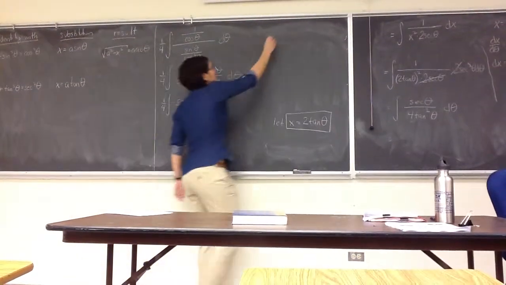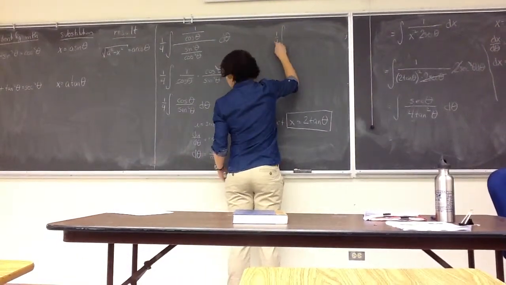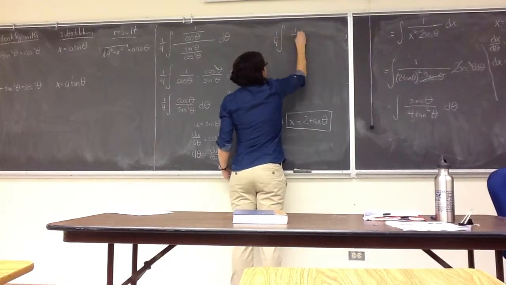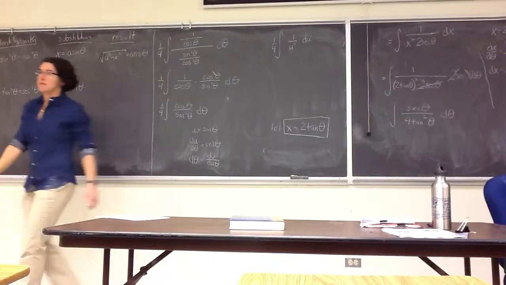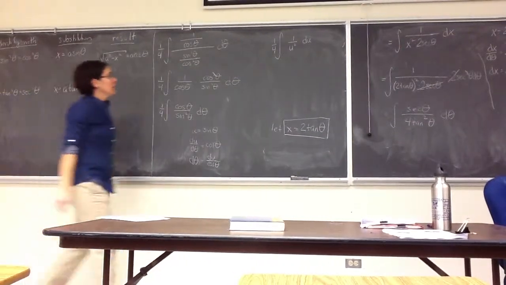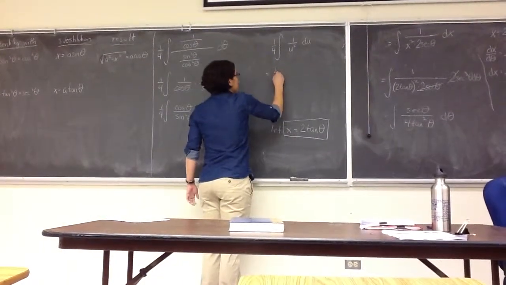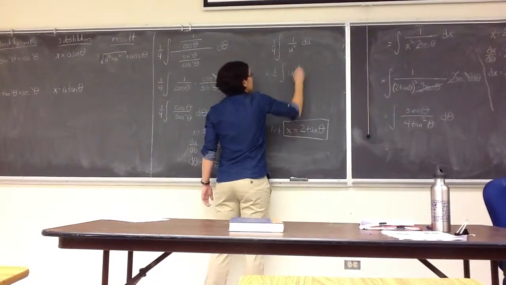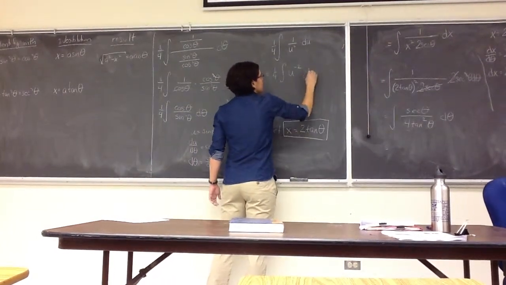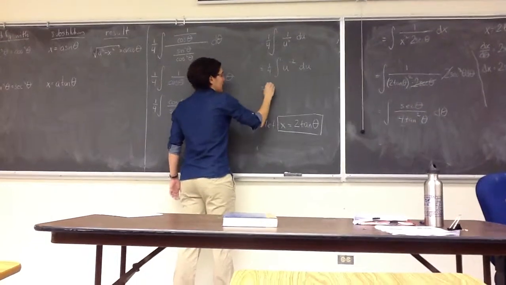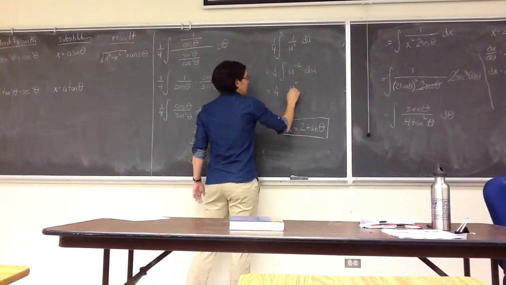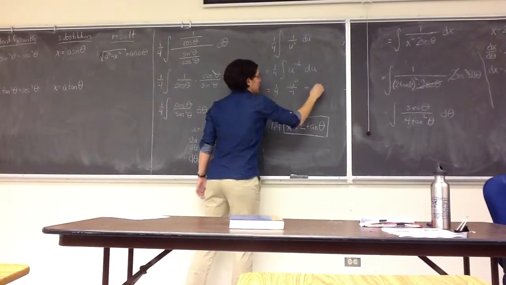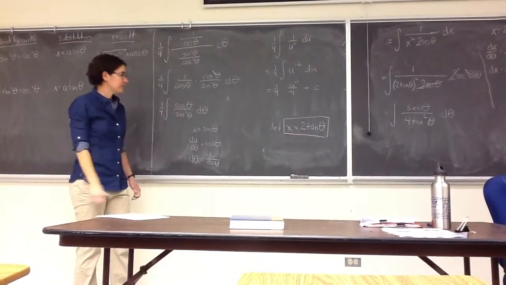And so our integral would be 1/4 of the integral of 1 over u squared du, and you can double check that all cancels out there. And so for our antiderivative, first we'd rewrite the 1 over u squared as u to the negative 2 du. And so we'd have 1/4 times, add 1 to the power and divide by the new power, and a plus c.